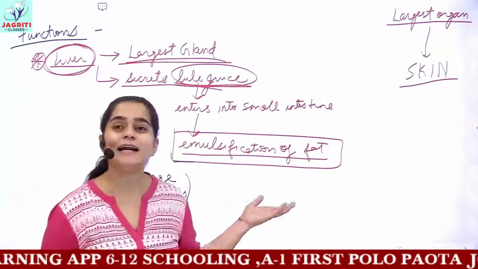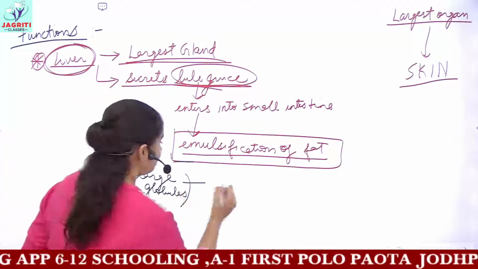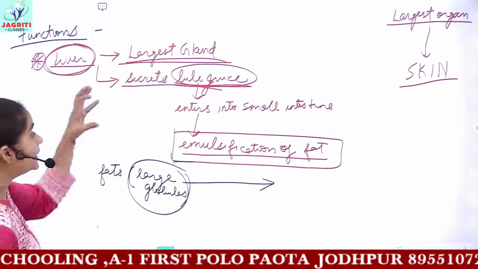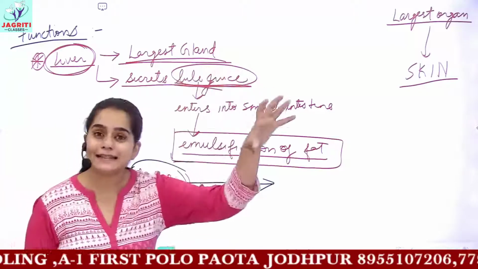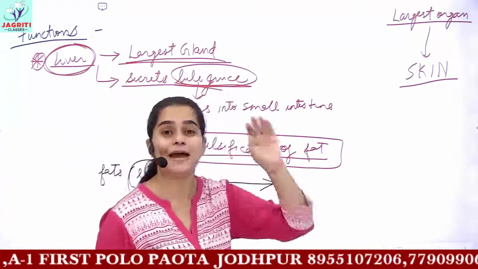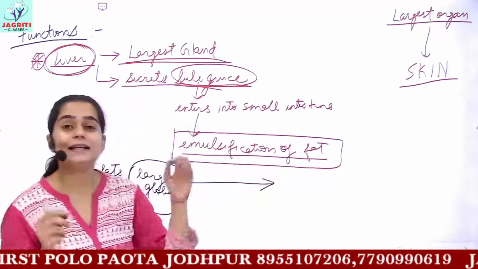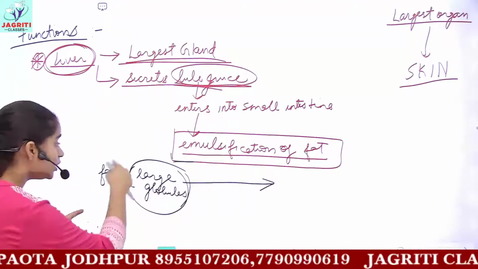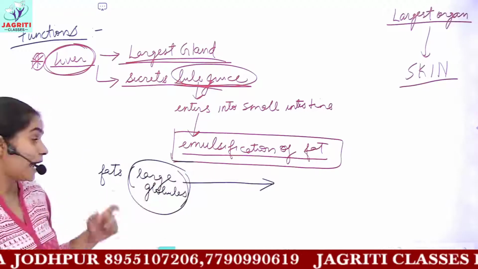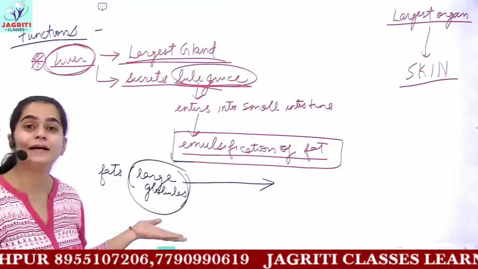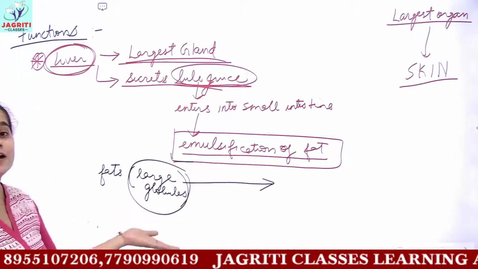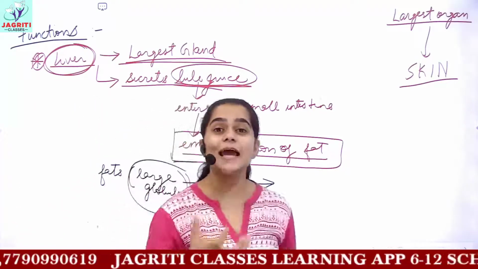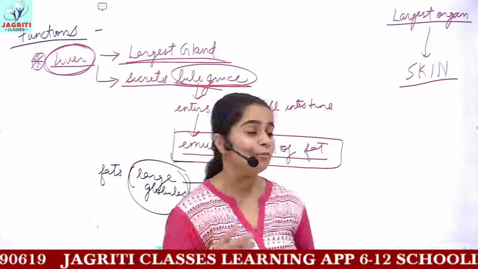The reason is, when fats are present as large globules, other enzymes, that is the pancreatic enzymes secreted by the pancreas, or the intestinal juice of your small intestine, cannot work on them. For digestion to occur completely, we need to break down these large globules into simpler forms, which can be absorbed easily by the body.